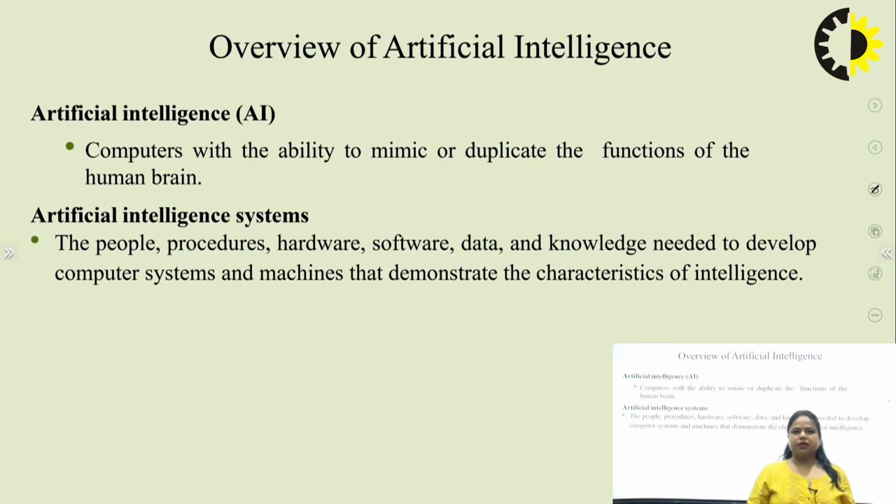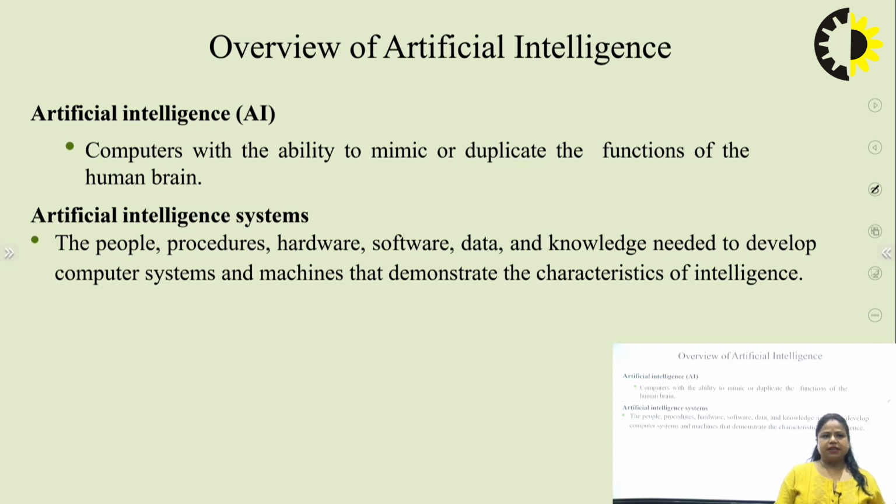Now if I'm talking about a hardware artificial intelligence system, how we have to establish that particular system. In that case, we have to talk about people, we have to talk about procedures, and simultaneously the hardware implementation, or the systems in which the machine acts like a human being.